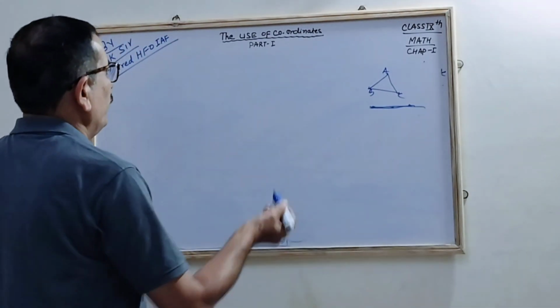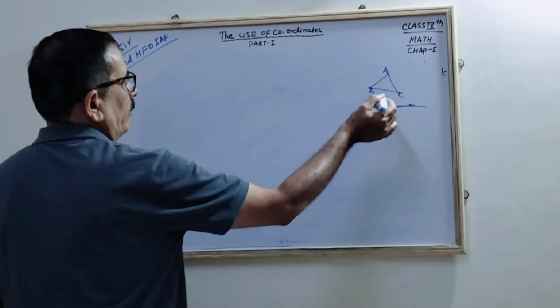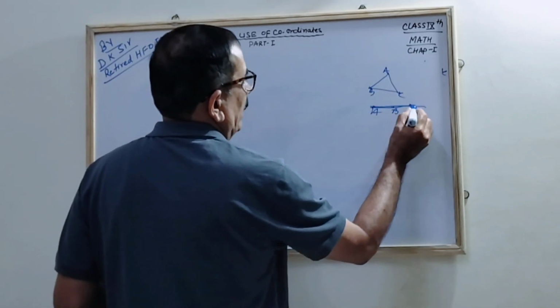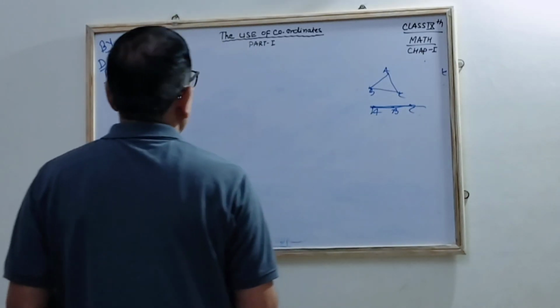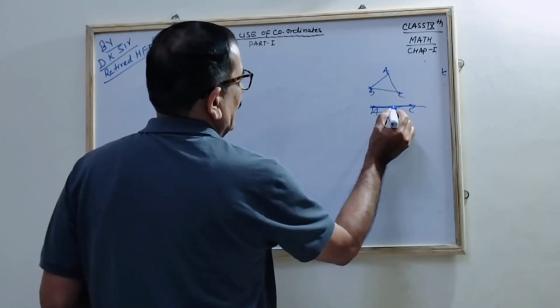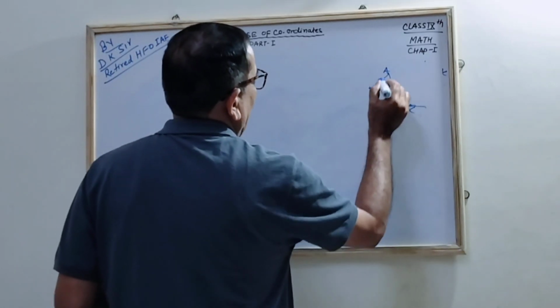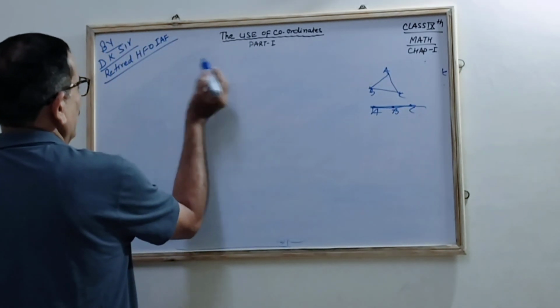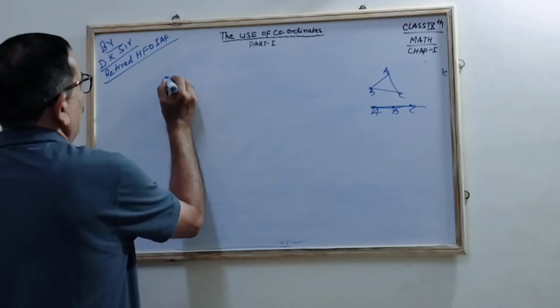So what do we know? We know this formula for the area. Here also the points are the same, only all have come on the same line. So B has come in between A and C. So what is the area? You know it, you can find out the collinear condition.